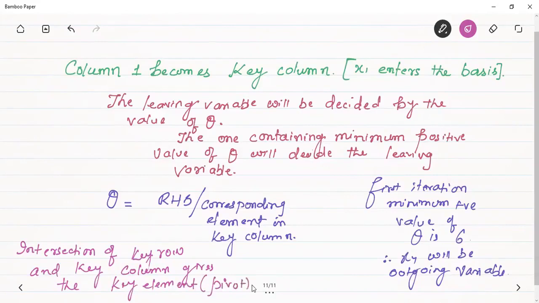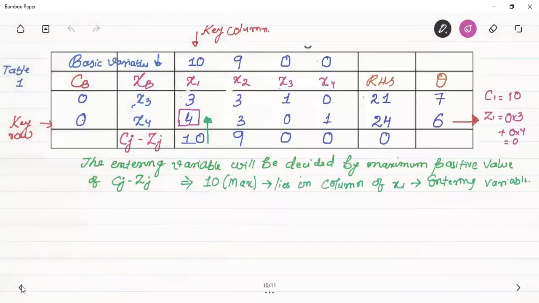Okay, pivot row, pivot column and pivot element. Pivot is also used in some places instead of key. Okay, this 4 is the key element, and also the pivot element. So we decided the outgoing variable on the basis of 7 and 6, on the basis of theta.